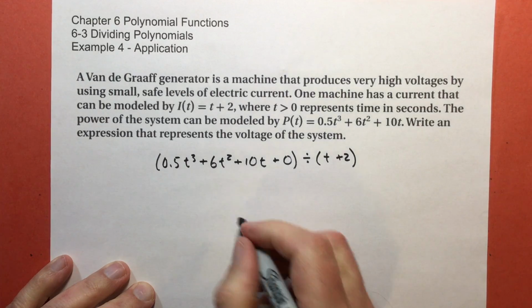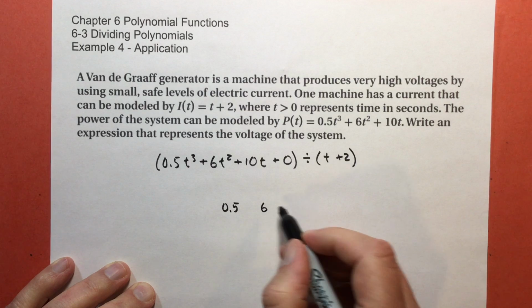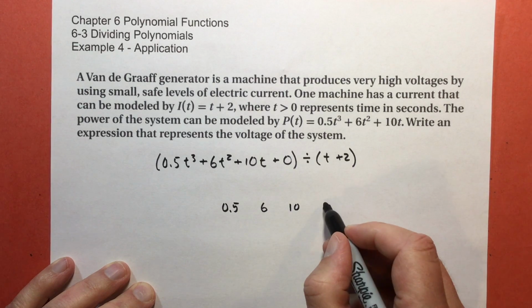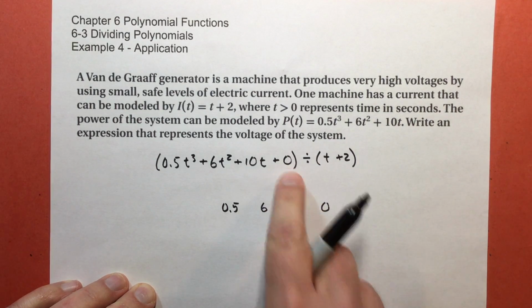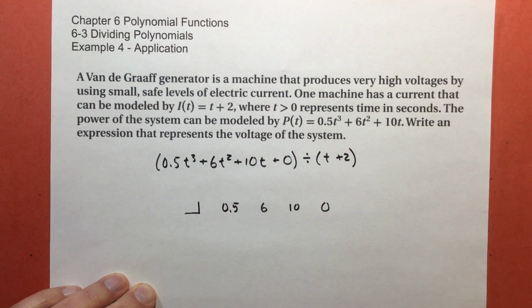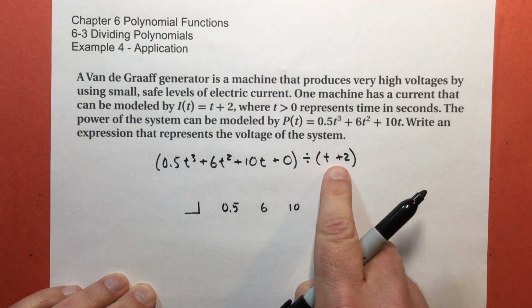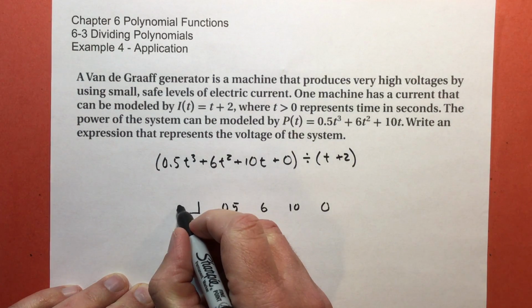I've got my 0.5, I have my 6, my 10, and don't forget the 0. I have to have all of the missing parts. I know it wasn't there, I had to put it in here. What is my h? This is t plus 2, so it's t subtract negative 2. So I'm going to put a negative 2 right here.